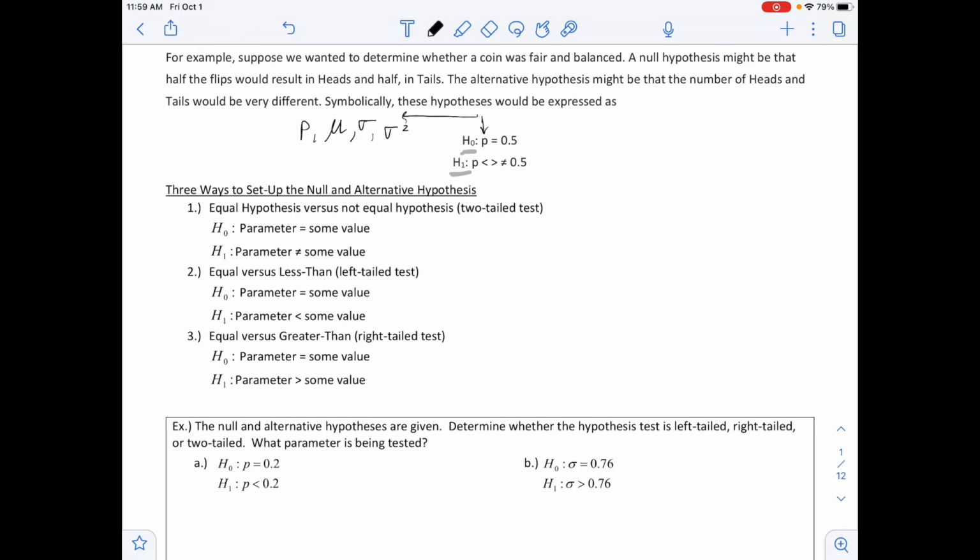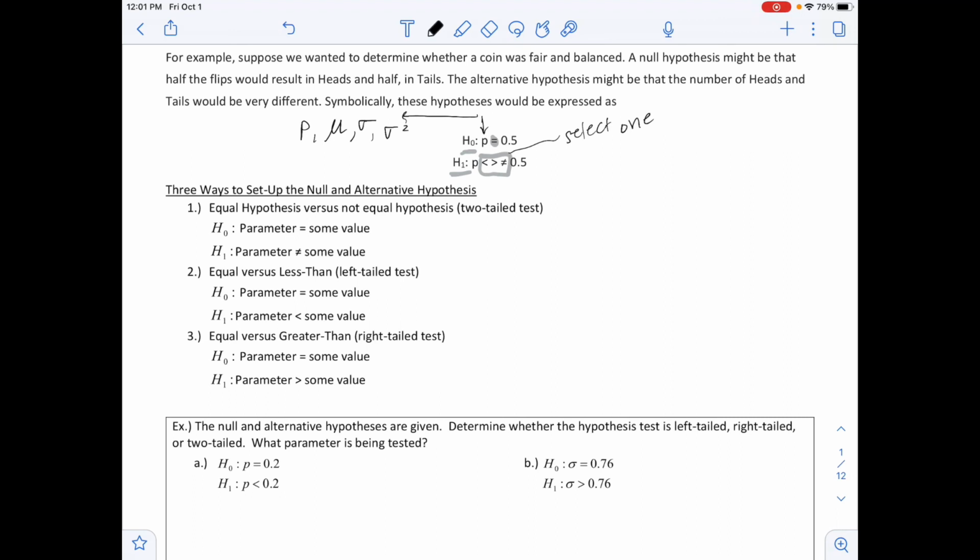For H0, you'll notice we always have an equal sign. That will always hold true. Our alternative, though, is going to depend on the wording of the problem. No, you're not going to be using all three of these symbols in here. You are going to select one, and that one would be based upon the wording in the problem.